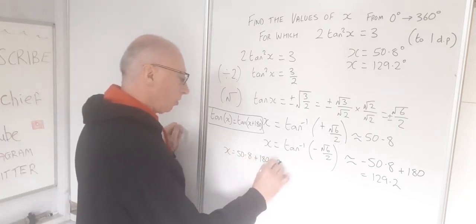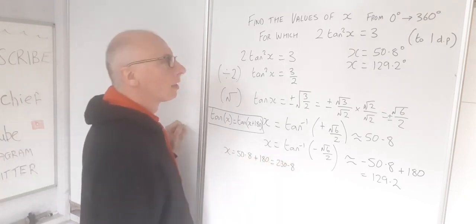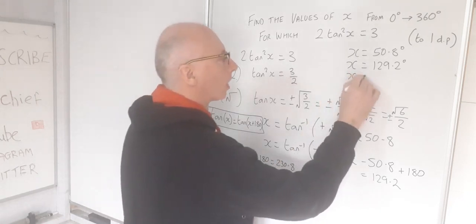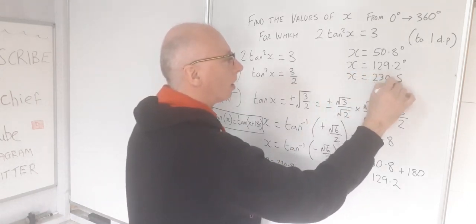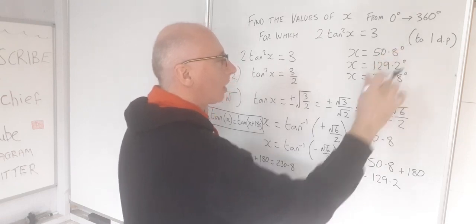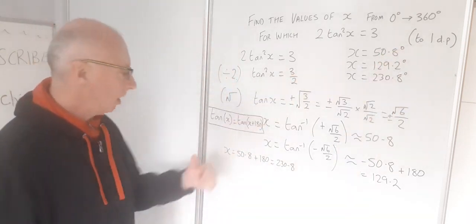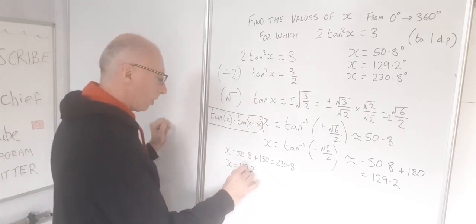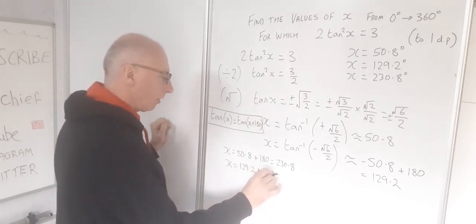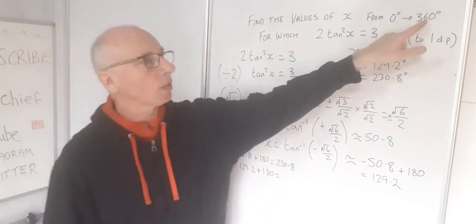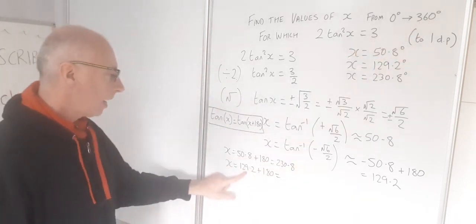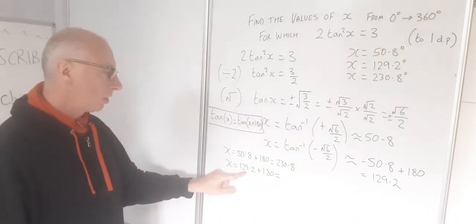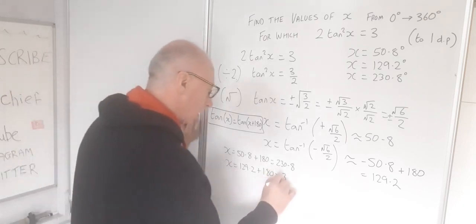So that will give me 230.8. So there's another one. So that'll be the one corresponding to these. And now we want this one here. So this time, if x equals 129.2, we can add 180 for that and still be in our range to 360. So add those together, I get 309.2.